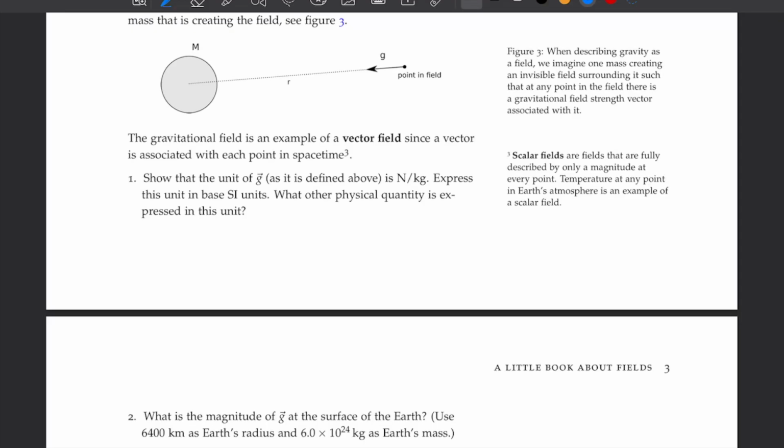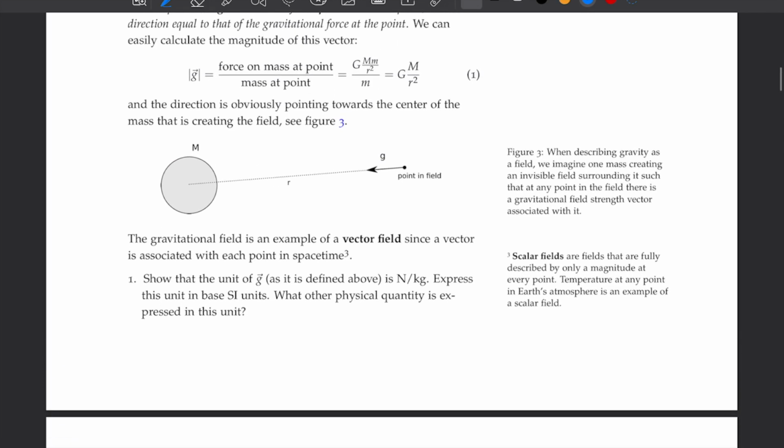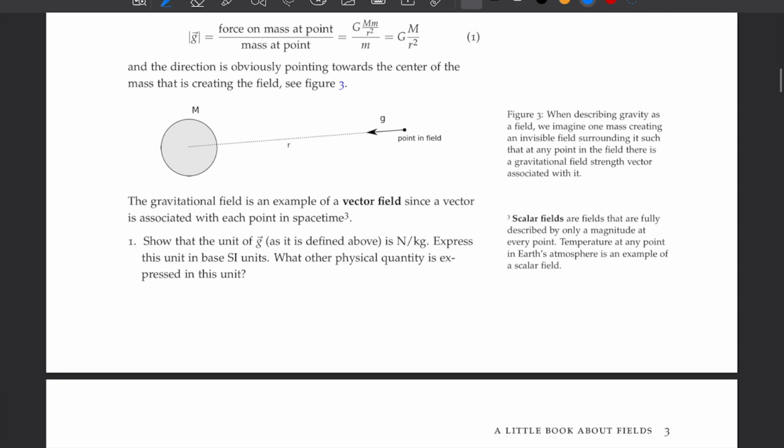Okay, so the first exercise is to work out the unit of g. And as you can see, g is a force over mass, so it's pretty obvious that the unit is just newtons per kilogram. Then we have to express it in base SI units. Okay, we know Newton is not a base unit. The Newton comes from kilograms times meters per second squared. F equals ma, mass times acceleration, over kg.